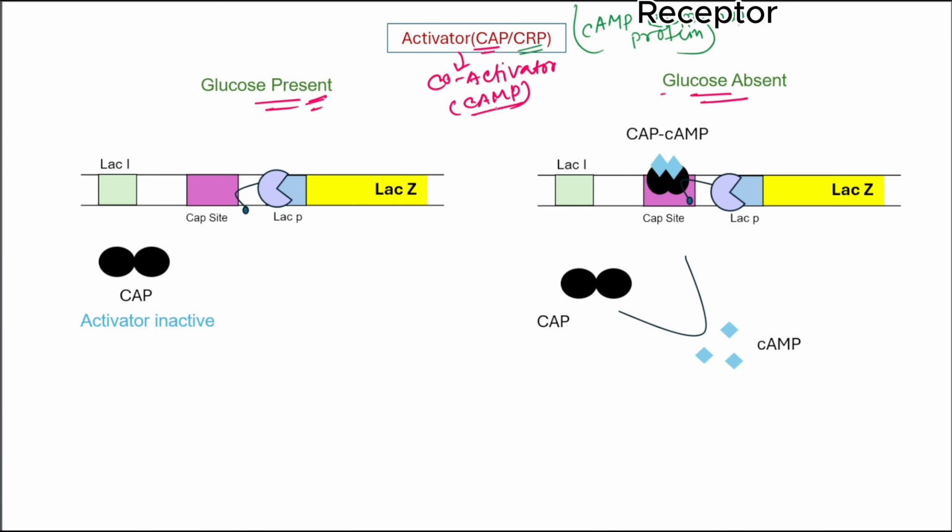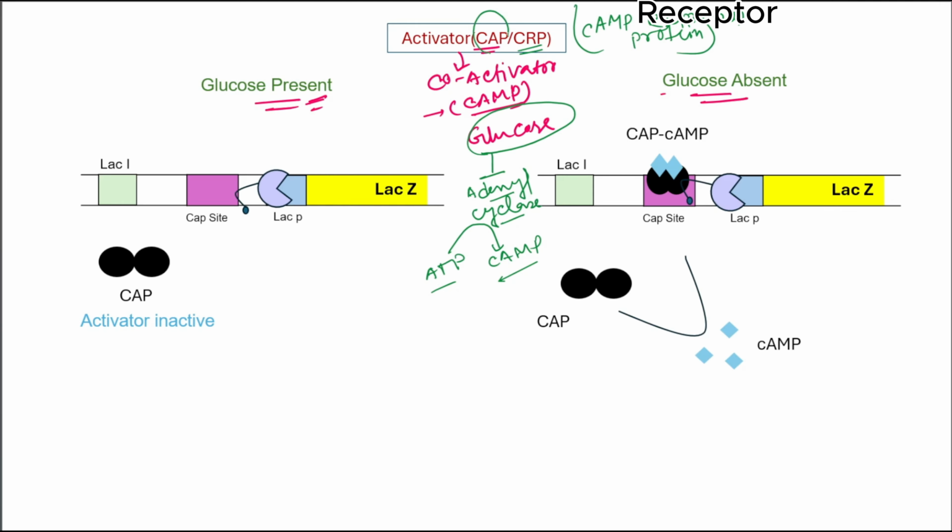So cAMP is active when glucose is absent. How? Glucose indirectly inactivates the adenylyl cyclase, the enzyme that converts ATP into cAMP. So if glucose is present, it indirectly inactivates adenylyl cyclase, and then adenylyl cyclase cannot convert ATP into cAMP.